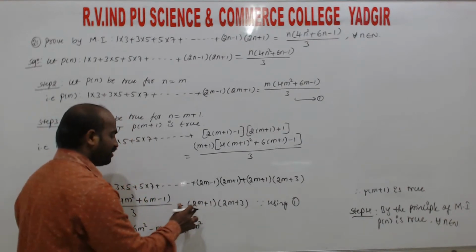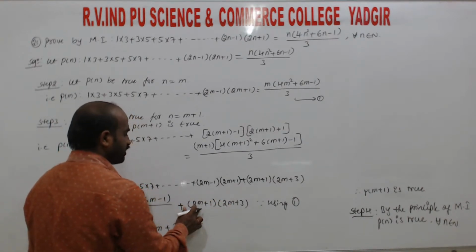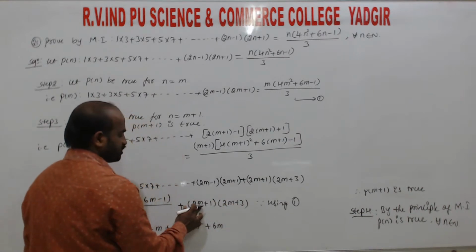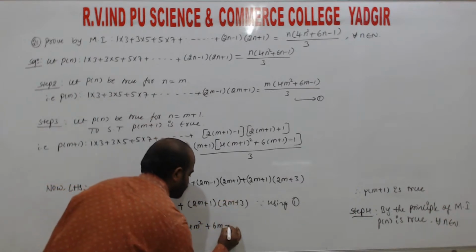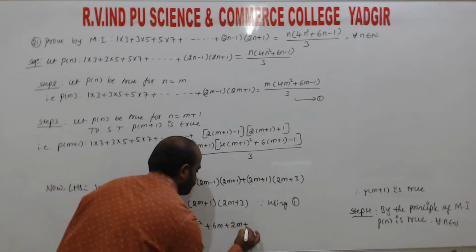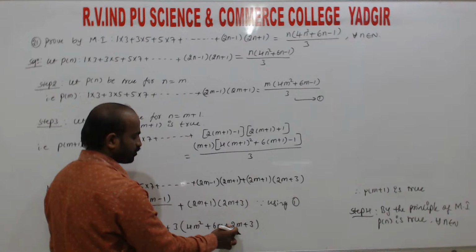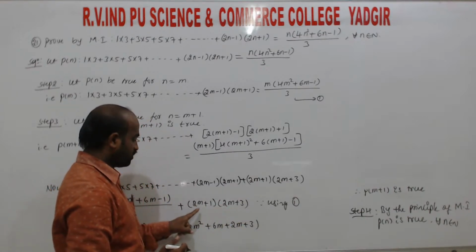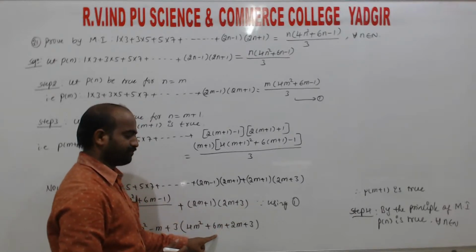Each one multiplied: 2m into 2m, 4m square; 2m into 3, 6m. Next, 1 into 2m plus 3: 1 into 2m, 2m; 1 into 3, 3.